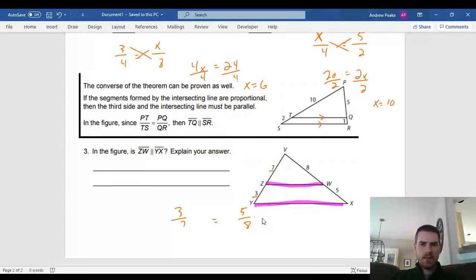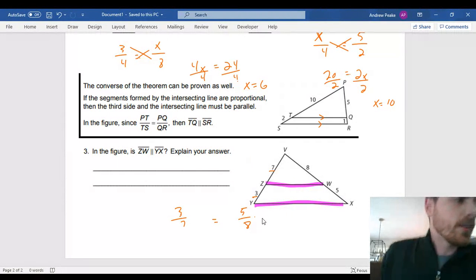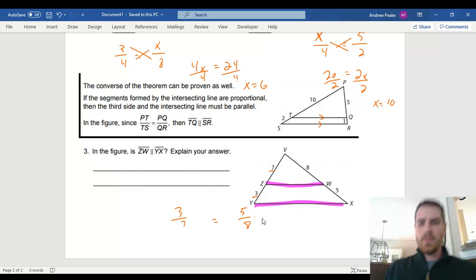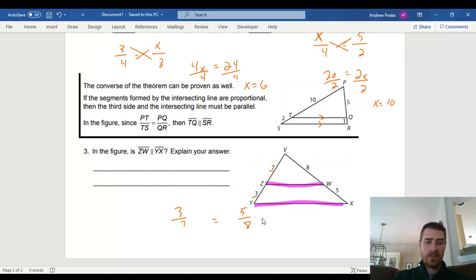All right, I'm going to grab a calculator around here somewhere. But 3/7 and 5/8, those two aren't going to be equal to each other. I don't even need a calculator if I look at it. So I can assume that these are not parallel to one another because they don't have the same ratio.